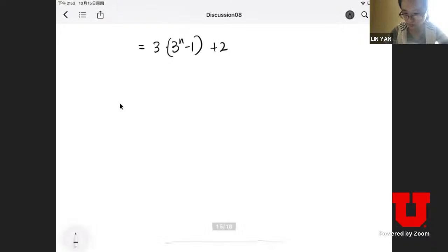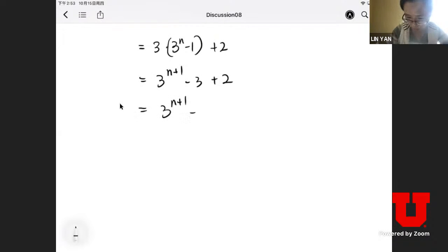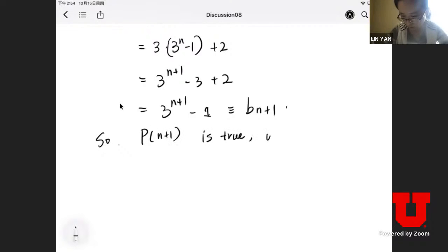Double check. Okay, it's right. Then it is equal to 3 to the n plus 1 minus 3 plus 2, and this is equal to Bn plus 1. So Bn plus 1 is true when Pn is true. So we finish this proof.